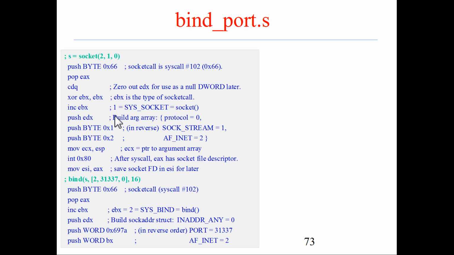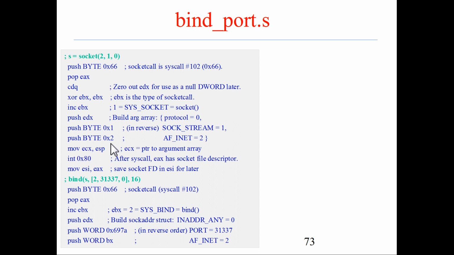So we have 0 in EDX, and we push the arguments from right to left on the stack. So we push 0, then we push 1, then we push 2, and then in ECX goes a pointer to the arguments for the given socket call function.